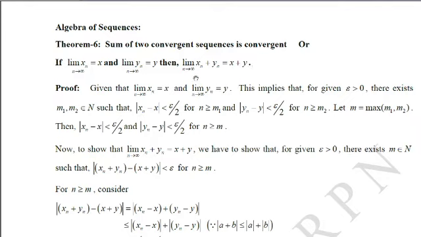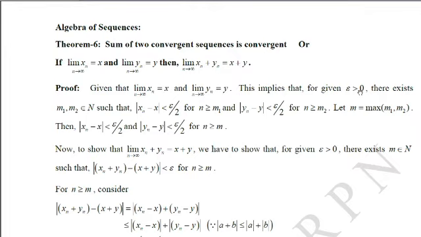Let's prove this one. As usual, since we are given that the limit as n tends to infinity of xn is equal to x and the limit as n tends to infinity of yn is equal to y, we know the epsilon form of this by the definition of the limit of a sequence.